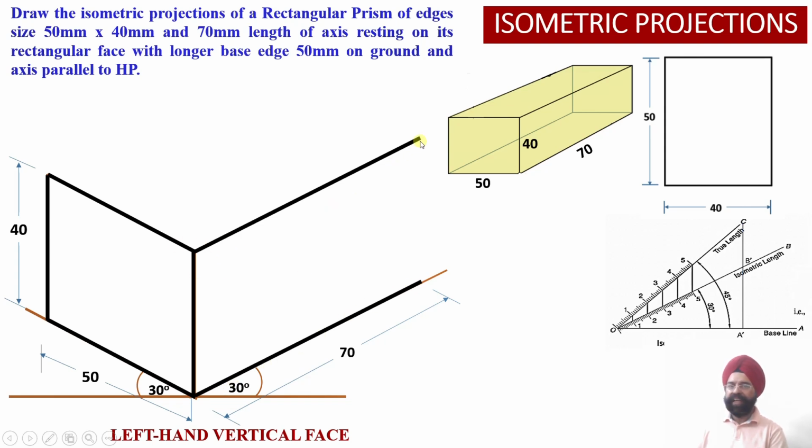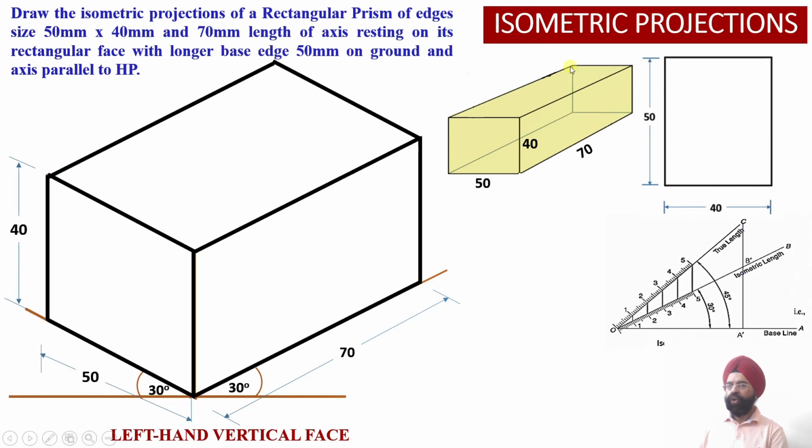So again 70 millimeter, again 70 millimeter, and then you draw this vertical height, this edge, and finally you join the other edge of the top face. So all the edges of the top face are visible to the observer, but there are three edges we can see over here which are not visible to the observer.